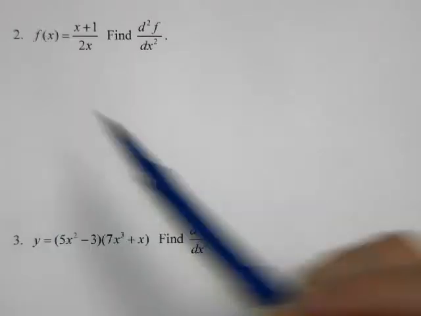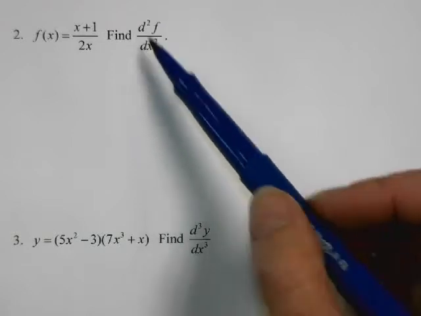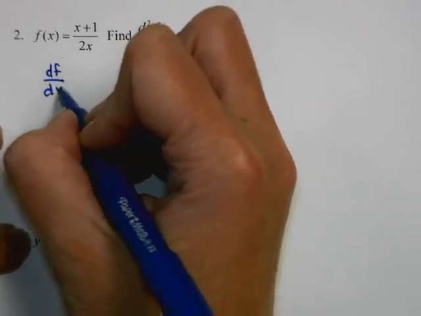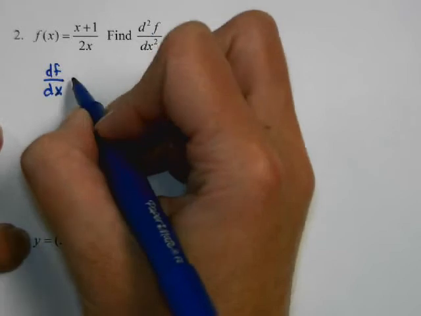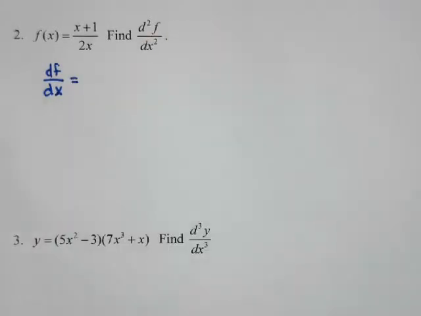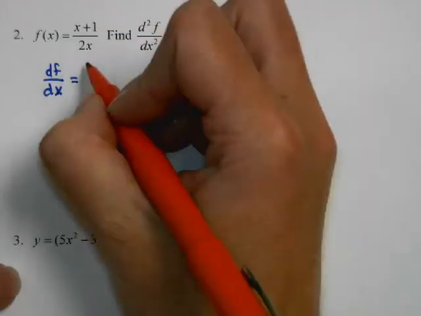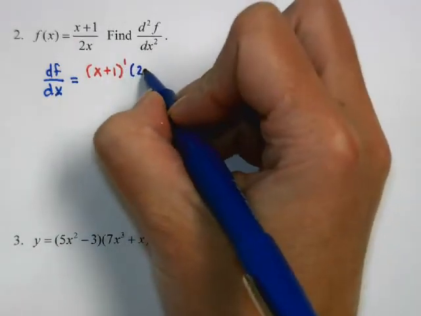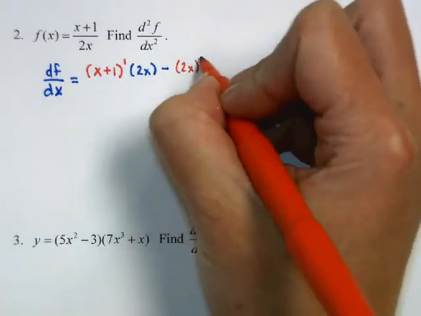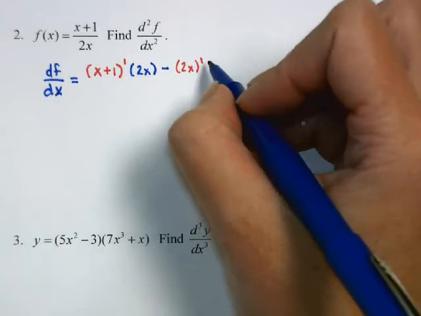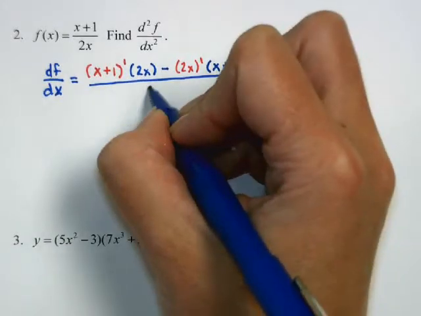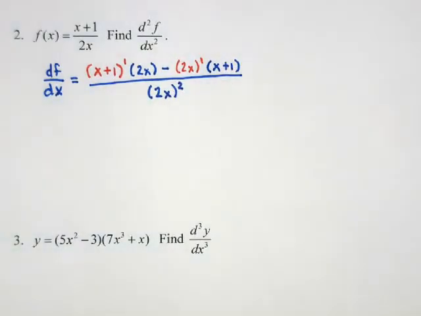All right, so we have this function, and we're going to take the second derivative. So we're going to first find the first derivative, df dx. So this is a quotient, so we need to use the quotient rule. So it's going to be the derivative of the top times the bottom minus the derivative of the bottom times the top, all over the bottom squared.